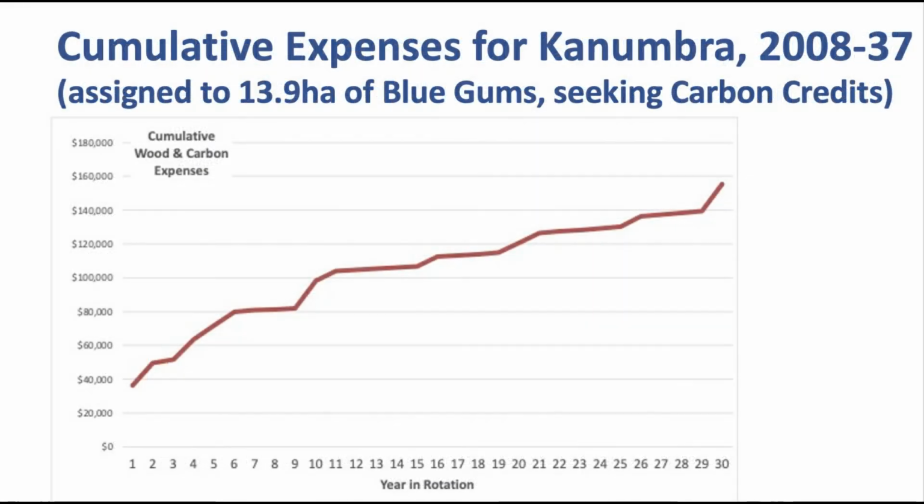If you look at the cumulative expenses under a carbon credit scheme, then it's pretty much the same as before, except that whilst you have a lot of upfront costs, the ongoing costs are just slightly higher because of those ongoing carbon audits.